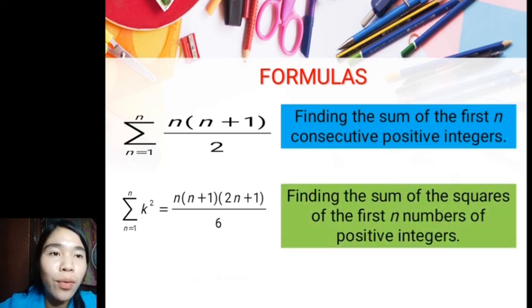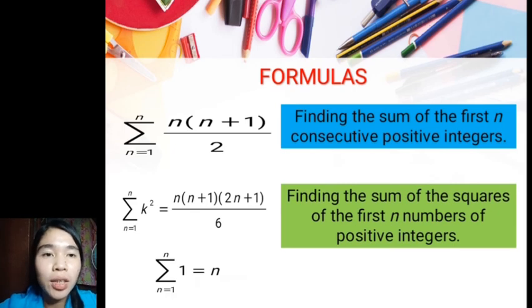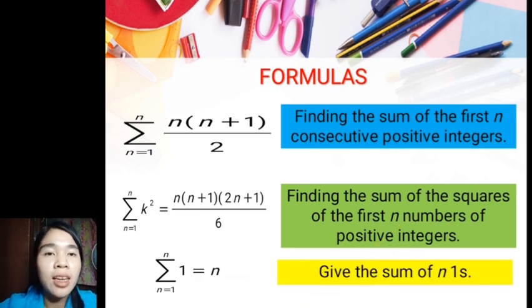This is used for finding the sum of the squares of the first n positive integers. And the last one is the summation of k equals 1 to n of 1, which equals n. It gives the sum of n ones.